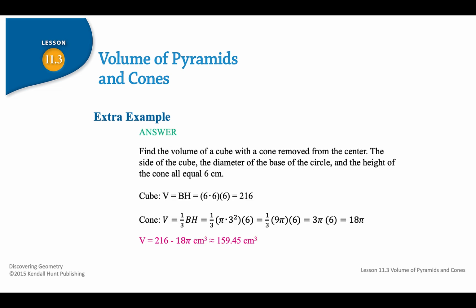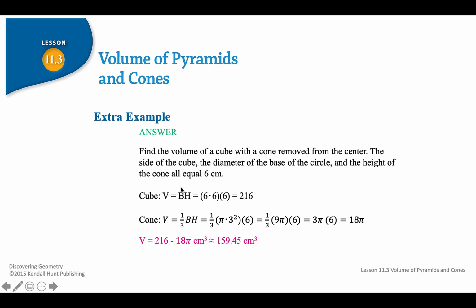So I addressed the cube first. A cube is a type of rectangular prism. So we're going to use the volume formula from last time, because the volume of a prism is the base area times the height. There's no 1/3 included in that formula when it's for a prism.